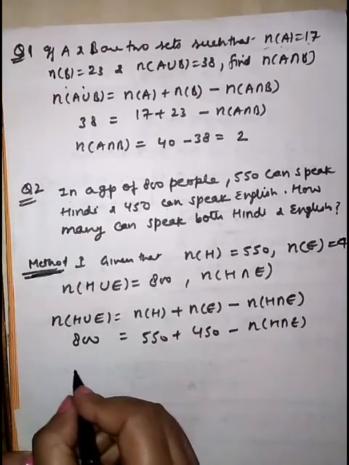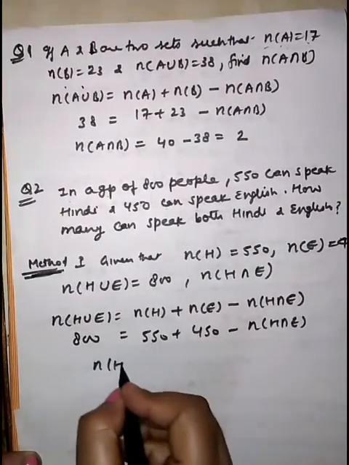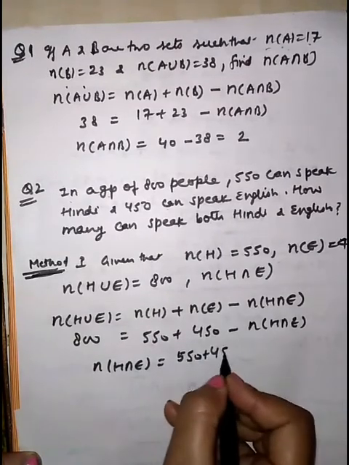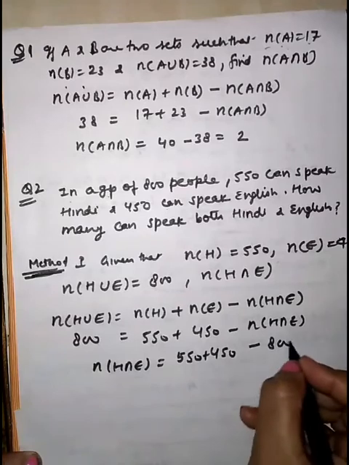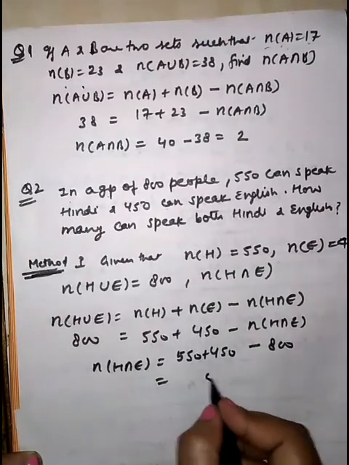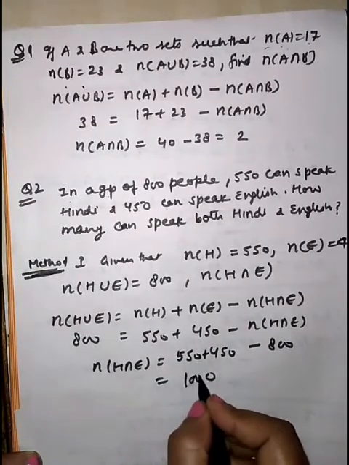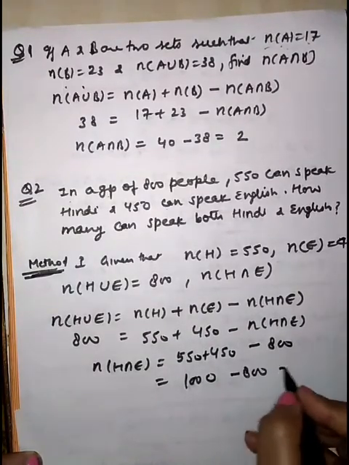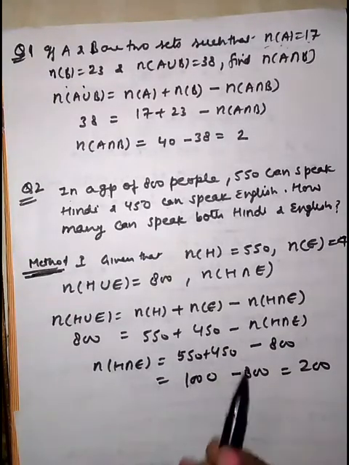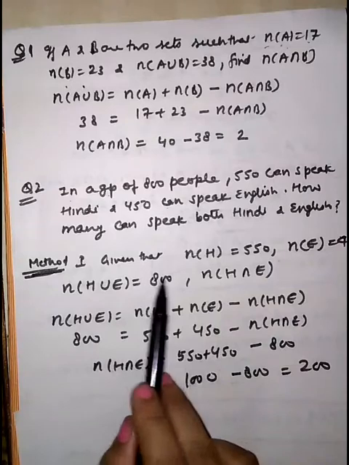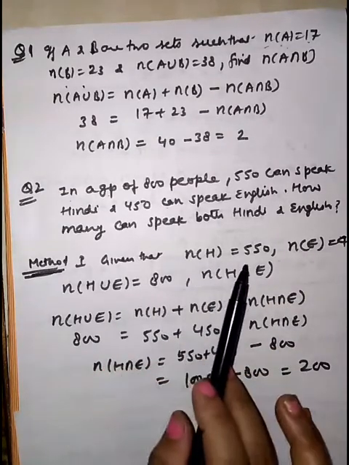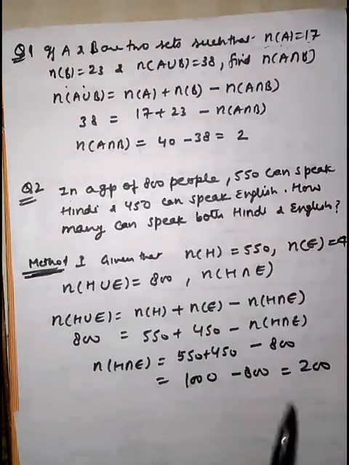So solving this, n(H intersection E) equal to 550 plus 450 minus 800. This comes to 1000 minus 800, which is 200. So your answer is 200. It means 200 people can speak both Hindi and English.